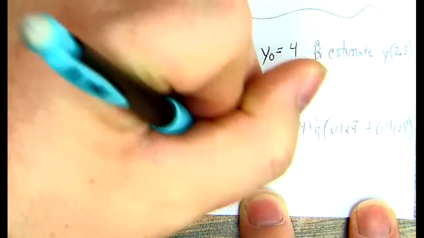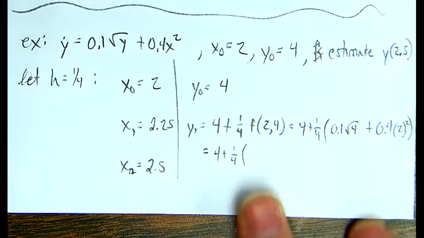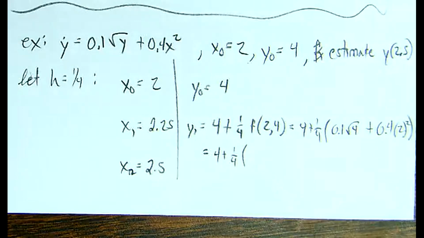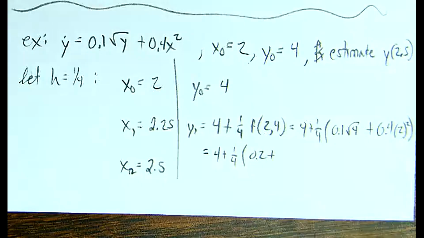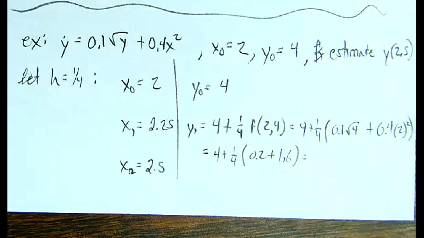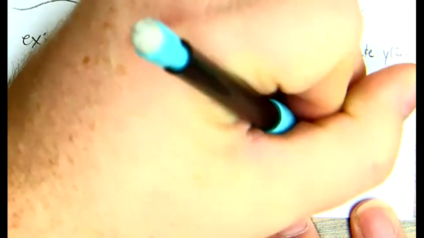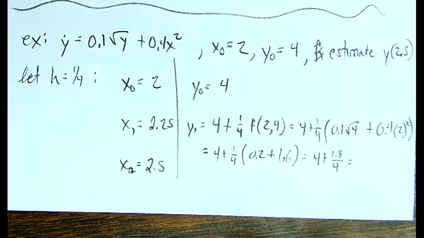Root 4 is 2. 0.1 times 2 is 0.2. 2 squared is 4. 0.4 times 4 is 1.6. 0.2 plus 1.6 is 1.8. 1.8 divided by 4 plus 4 is 4.45.